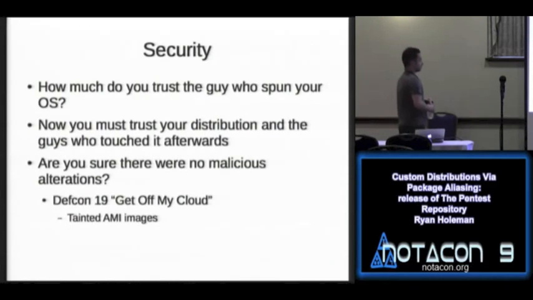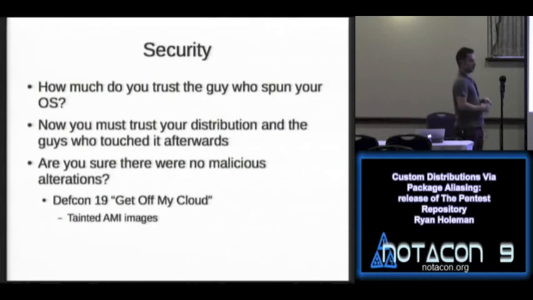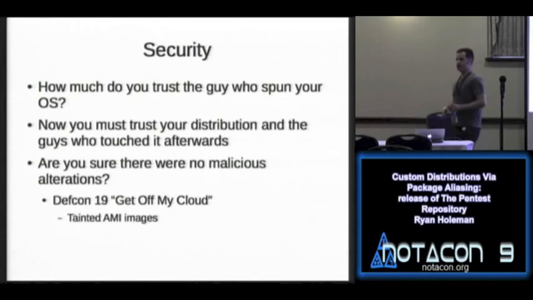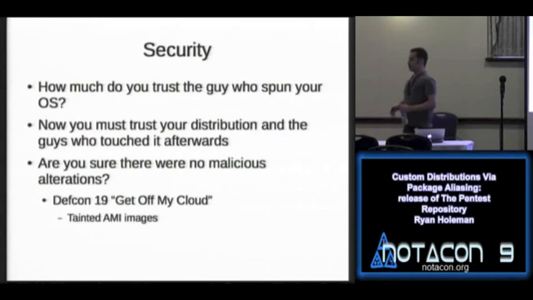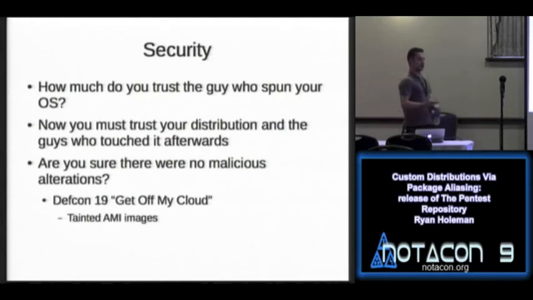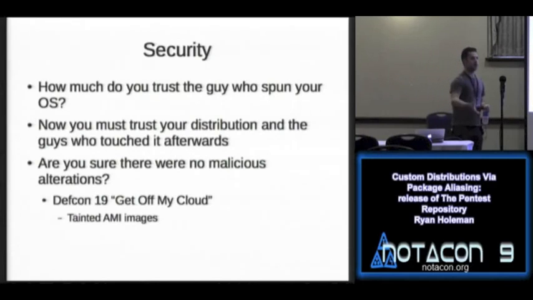A great example of this was a speech done last year at DEF CON 19, Get Off My Cloud, where as a test of this, they took a Backtrack 5 CD and they made an EC2 AMI out of it. And within the AMI, they wanted to test how many people would just blindly install these AMIs, right? And he replaced some of the init scripts with remote-home wget scripts or whatever.